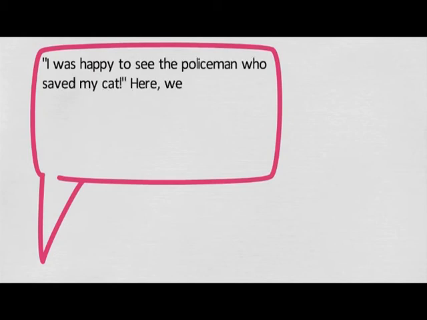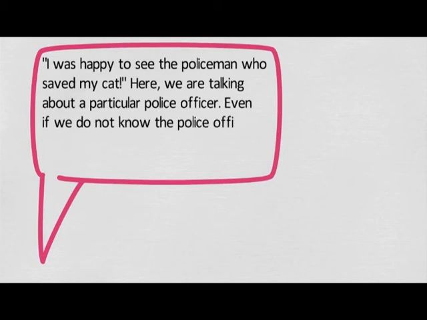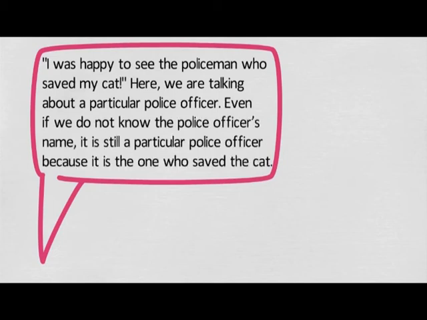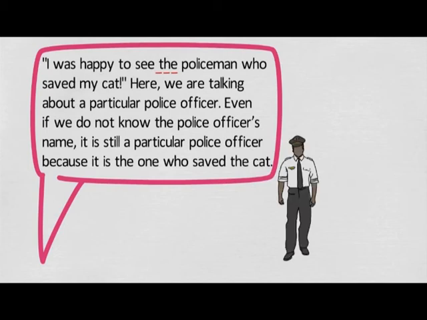I was happy to see the policeman who saved my cat. Here, we are talking about a particular police officer. Even if we do not know the police officer's name, it is still a particular police officer because it is the one who saved the cat.